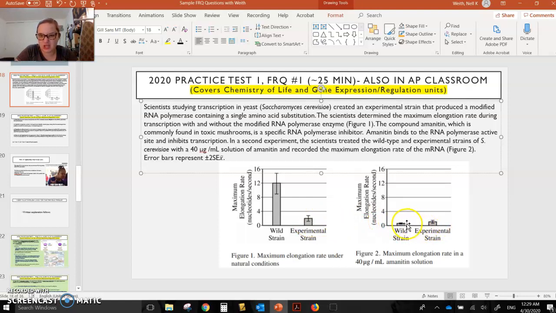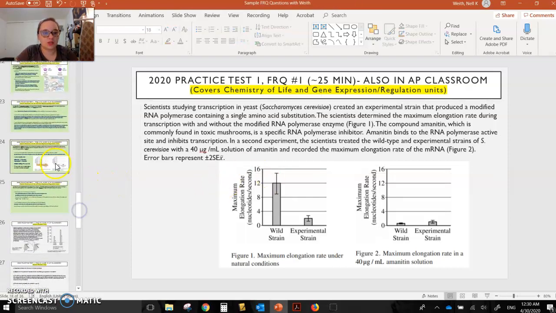Experimental didn't really change much. So what's missing is another bar of with amytin, without amytin, with amytin, without amytin, because this is a whole nother experiment. This is not connected to these, right? They're two things that happen, but it's not happening in the same experimental setup, okay?